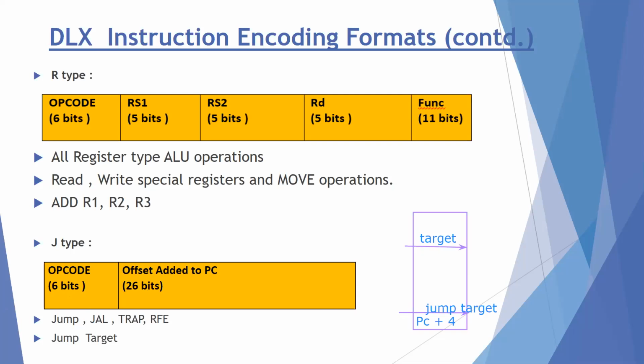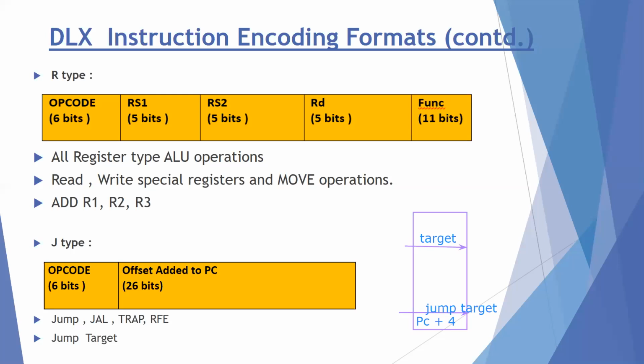Jump, an unconditional branch of the type jump and link, trap and RFE: these are the 4 instructions which only have a provision of using 26 bits of displacement or offset in the instruction. We will cover all of this in detail when we start the instruction set.